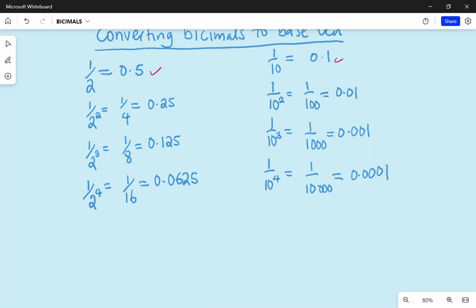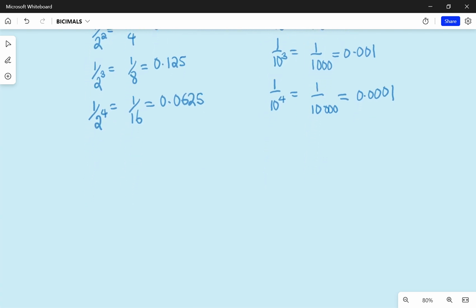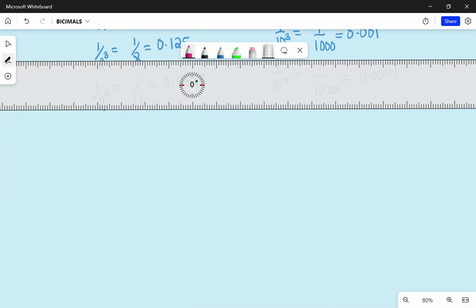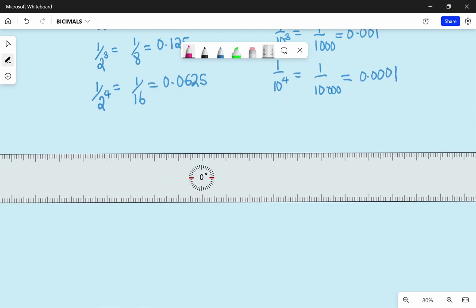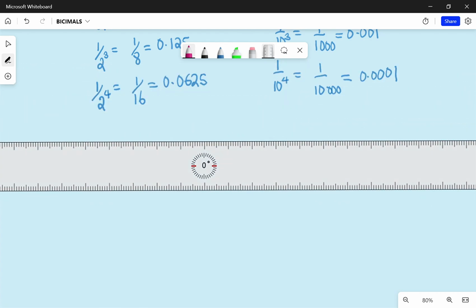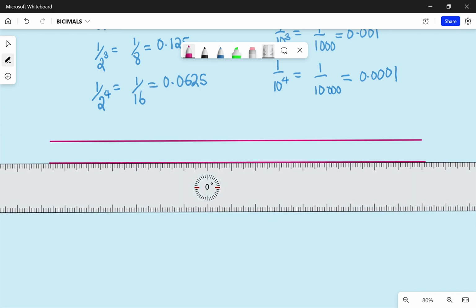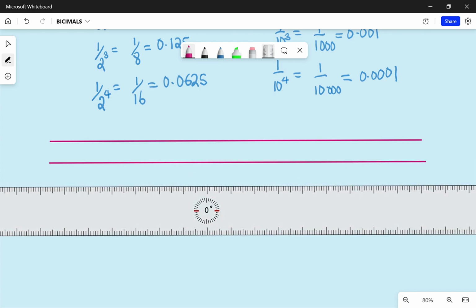So from this, we can come up with a conversion table that is going to help us work with these Bicimals. You can come up with a simple table to help simplify our work, so that as we go into the work, we will really understand what we are talking about and it will not give us challenges.